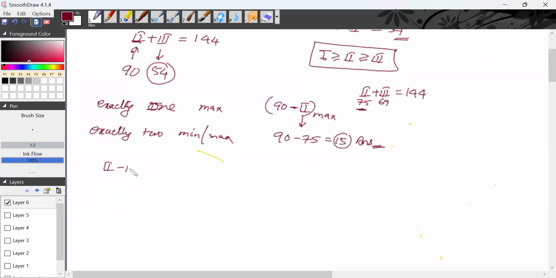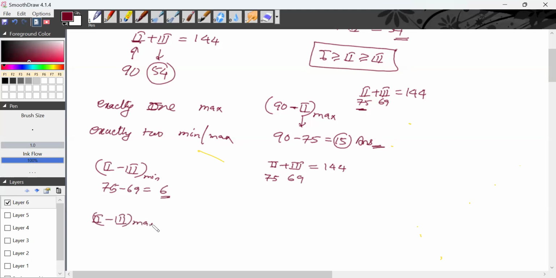So exactly 2 is 2 minus 3. You have to minimize it. So to minimize it, can we make it 0? And to make it 0, this 2 plus 3, which is nothing but equal to 144, can we make it equal? No, because this cannot exceed 69. So I have no other option but this. So this would be 75 minus 69, which is equal to 6. That becomes the minimum. अब maximum करना है.